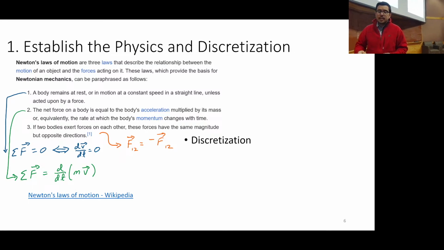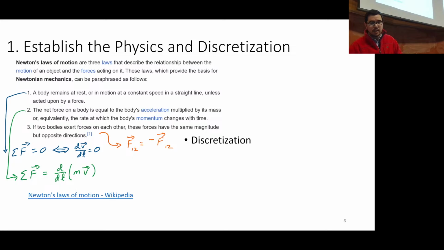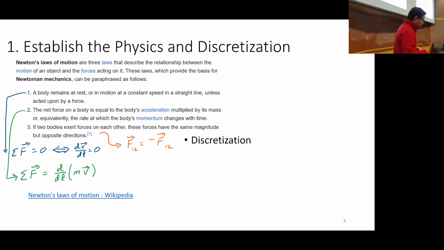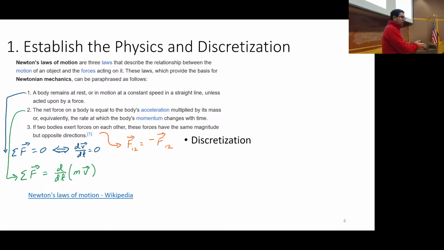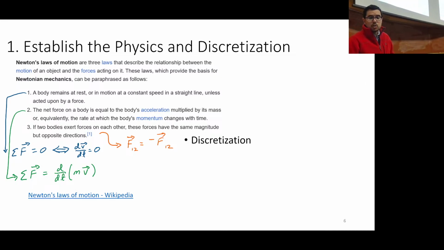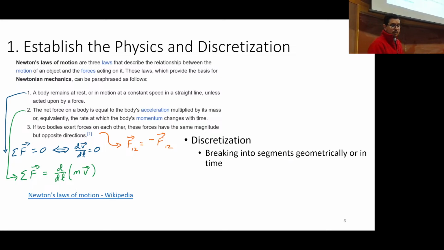So sometimes, okay, many times, we have to think about discrete components, discrete quantities that we're going to keep track of, and that is what discretization is. So discretization means that we're going to break a problem into segments geometrically or in time.